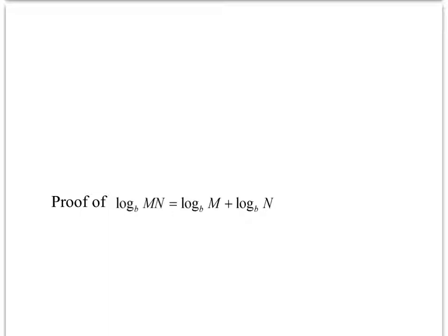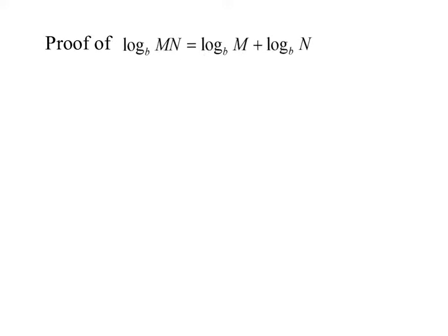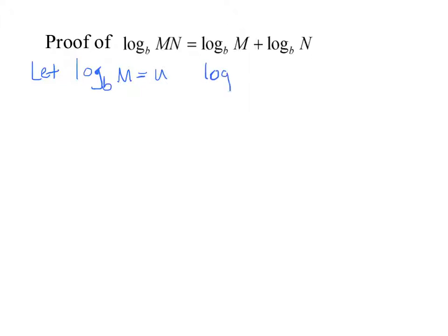Okay, now a lot of times people look at this and wonder how in the world does that work. So I'm going to do a little proof here. First off, let's get a couple things set here. Let's say that log base b of m equals u. Okay, so I'm just making this up. I'm saying I'm going to set that equal to something, and I'll just call that something u, and then log base b of n equals v.